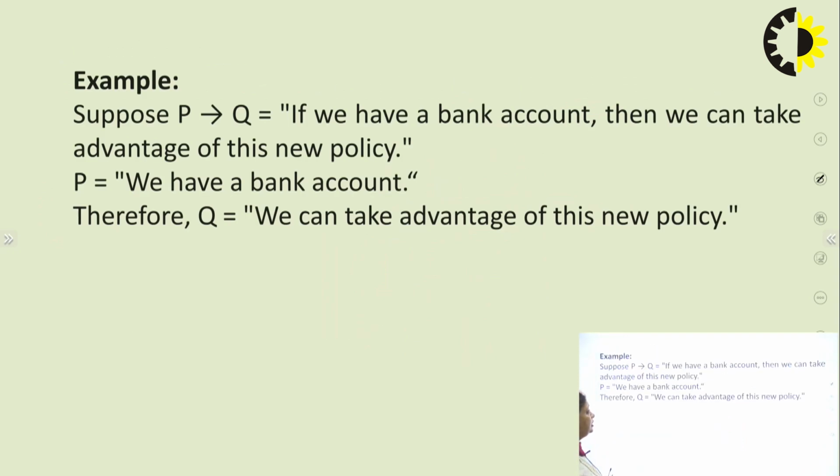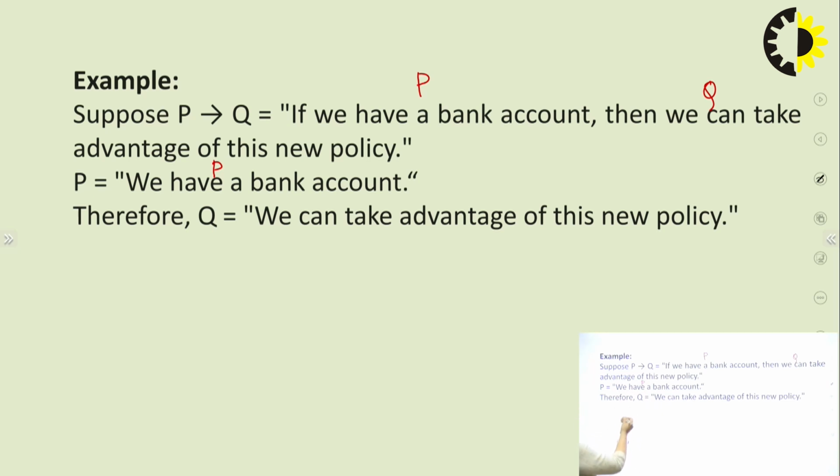We'll also see an example. Suppose I have the P implies Q statement as: if we have a bank account, then we can take the advantage of this new policy. Here my P is, we have a bank account, and my Q is, we can take the advantage of the new policy. And then this is my P again.